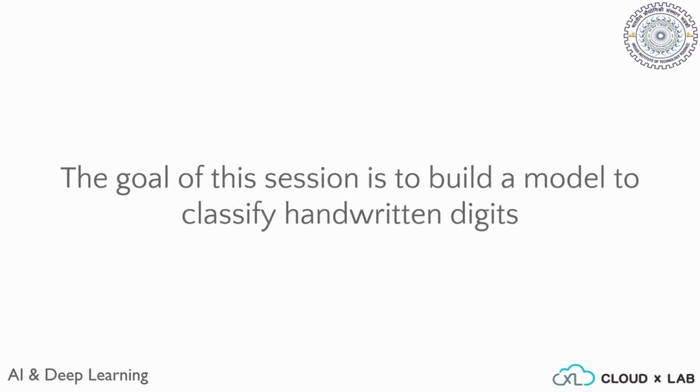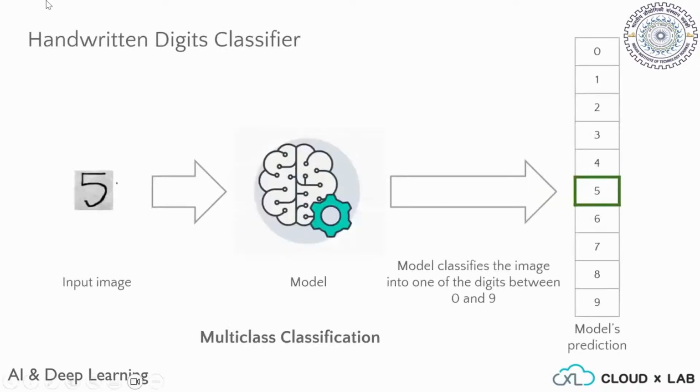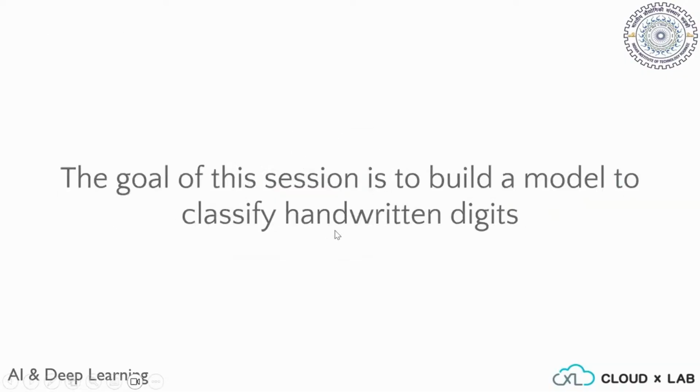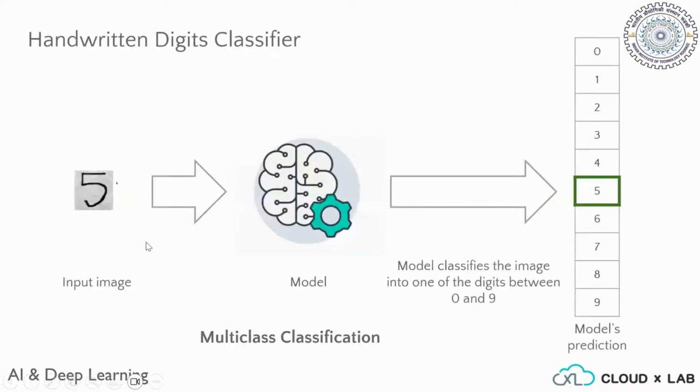Okay. So here in this session, we will build a model to classify handwritten digits, right? And to solve this task, we will use MNIST dataset. So MNIST dataset is a handwritten digit dataset, right?